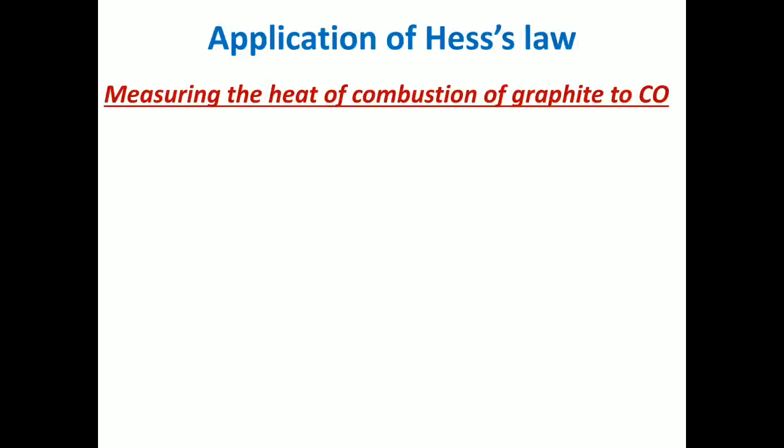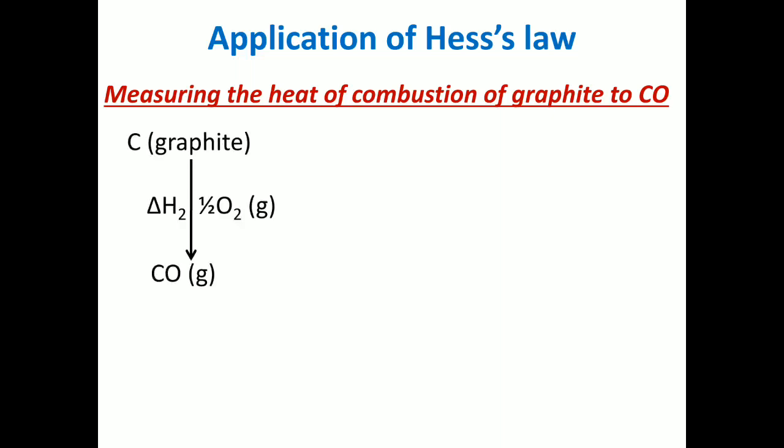Now we are going to see the application of Hess law. Hess law can be applied to calculate enthalpies of reaction that are difficult to measure. For example, it is very difficult to measure the heat of combustion of graphite to give pure CO, that is carbon monoxide.